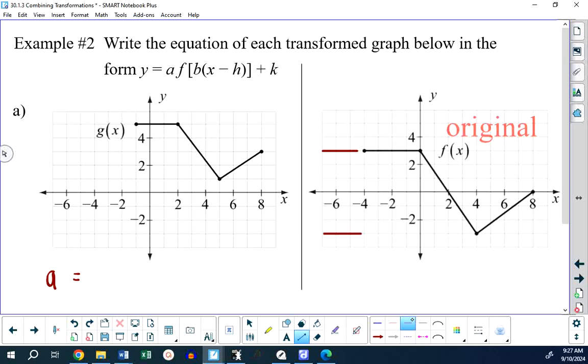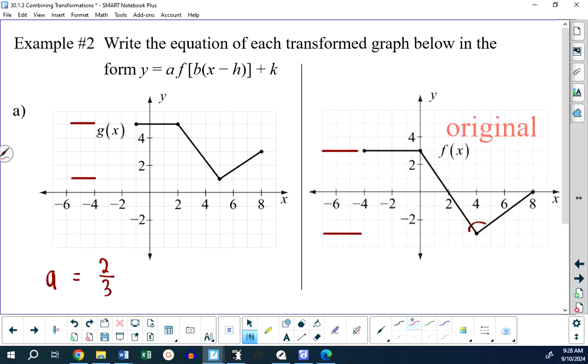When I look over here, the height can be determined by looking at the distance from there to there. And that's not 6, it's 4. So the question is, what do you multiply 6 by to get 4? And the answer is 2/3. 4 is 2/3 of 6, which tells us that A is 2/3. Okay. A is positive 2/3 because it's oriented the same way.